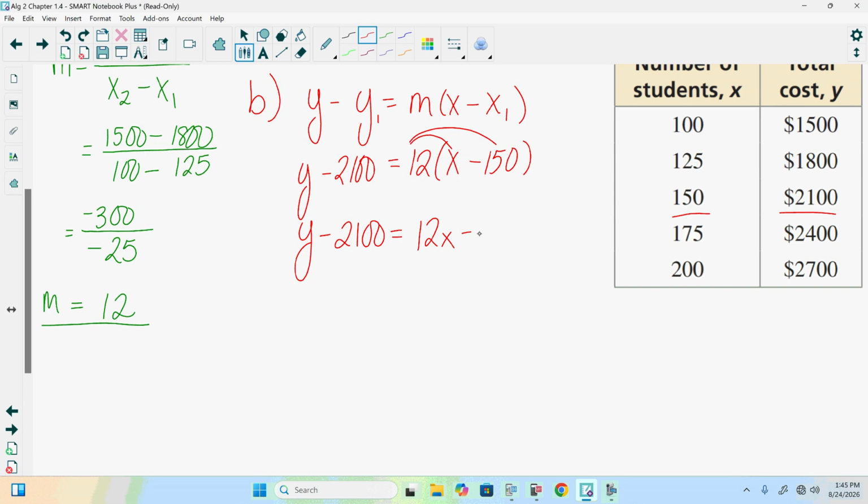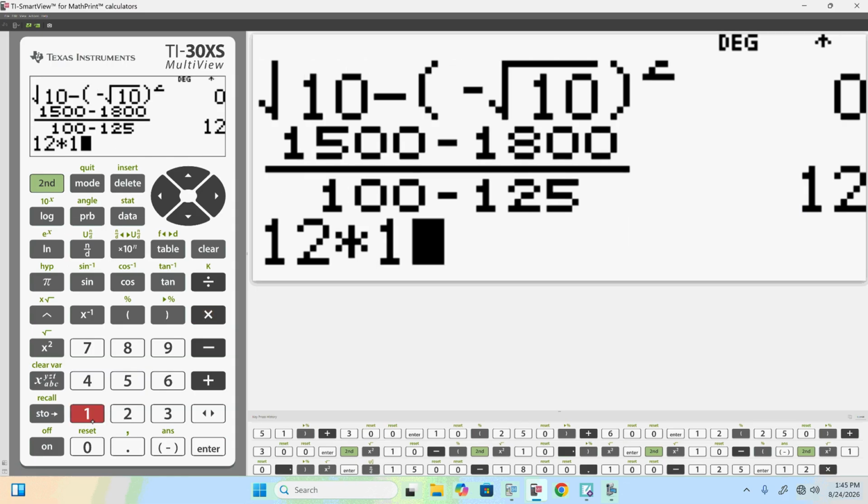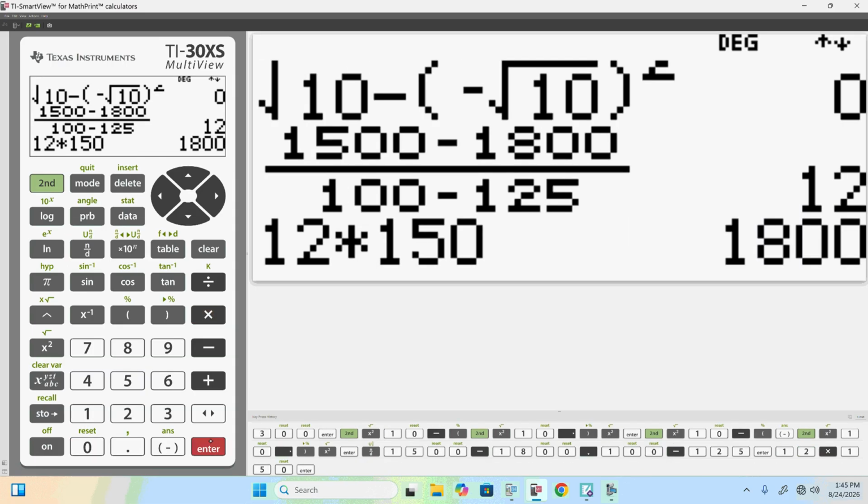Now we have to multiply 12 by negative 150. Positive times a negative is still negative, so we can put the negative down. 12 times 150 is 1800.